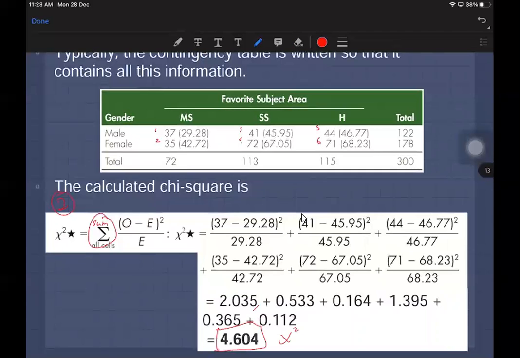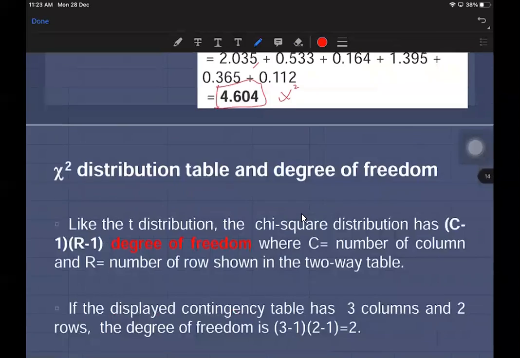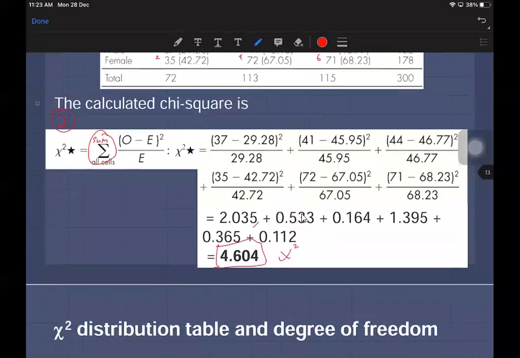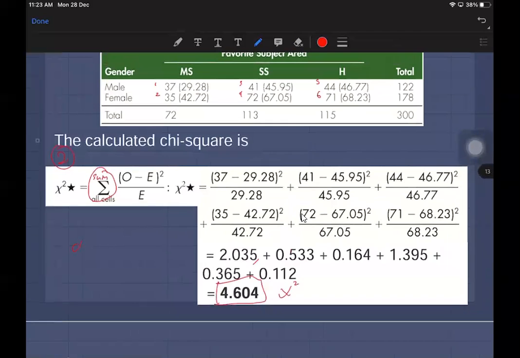Step number 3 is to identify the significance level. In this example, our alpha is 0.05.